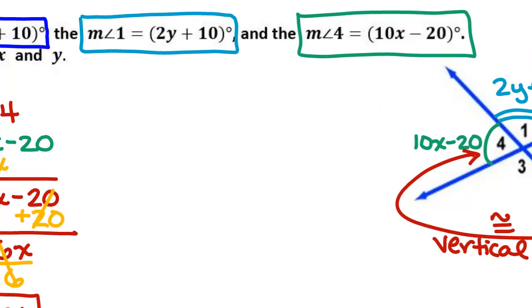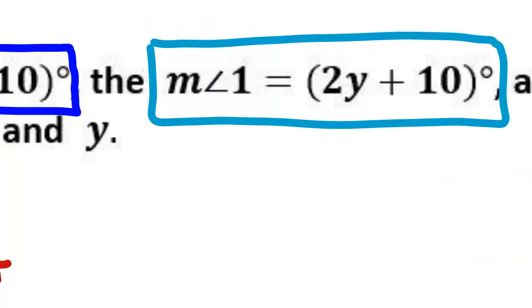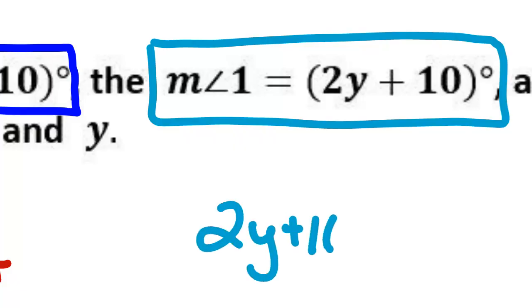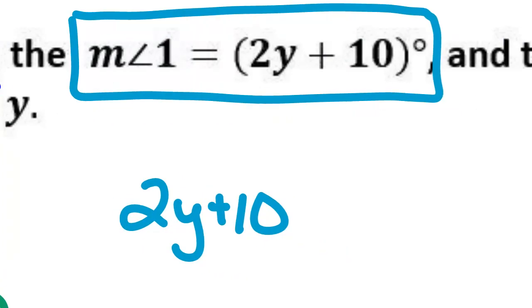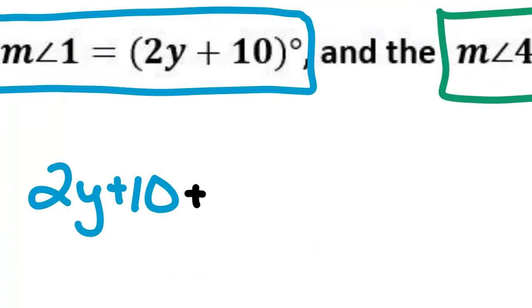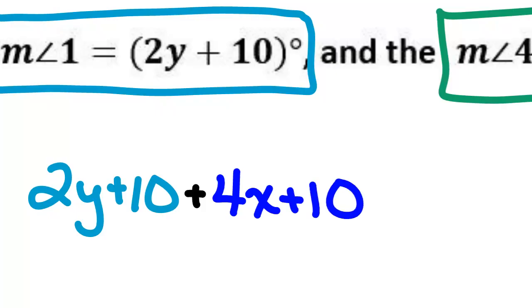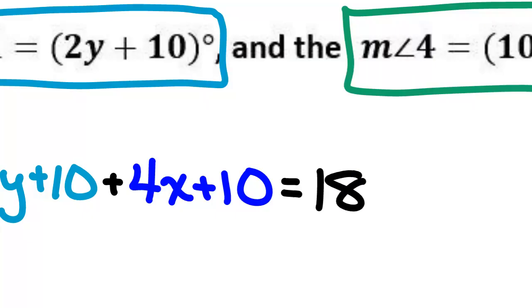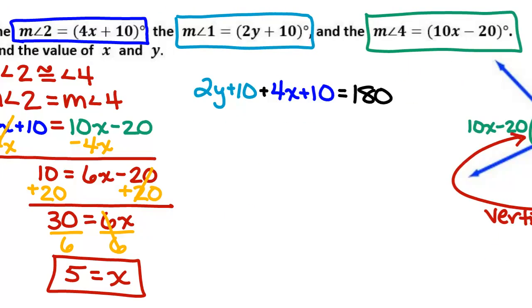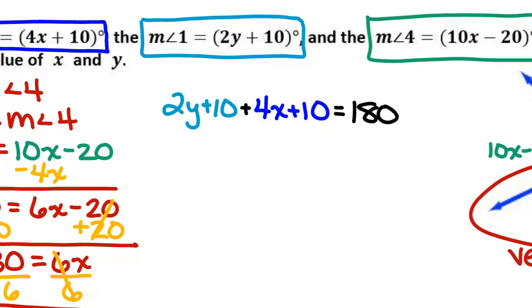So because they are supplementary, that means 2y plus 10 plus 4x plus 10 equals 180. Do we know how big x is?